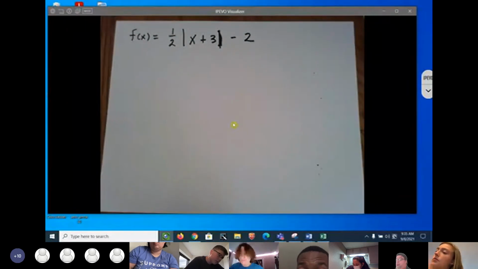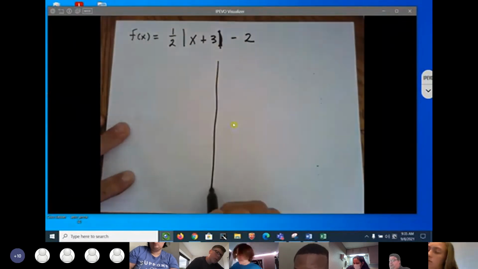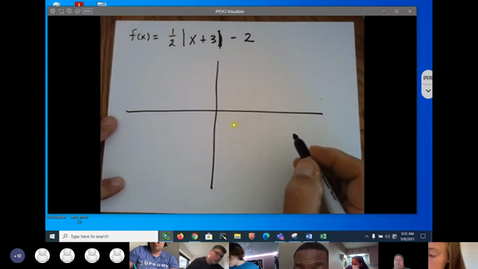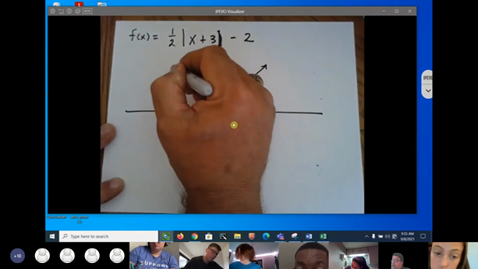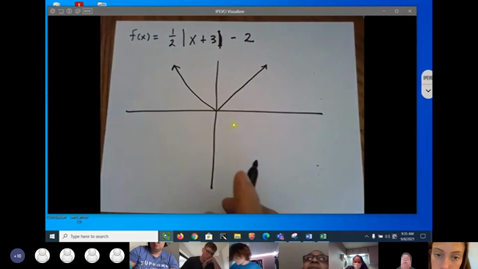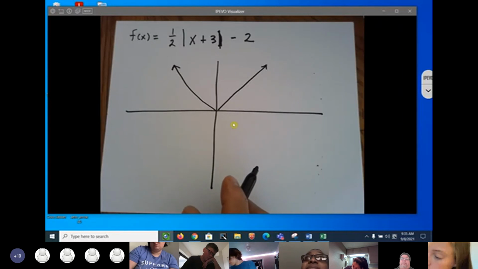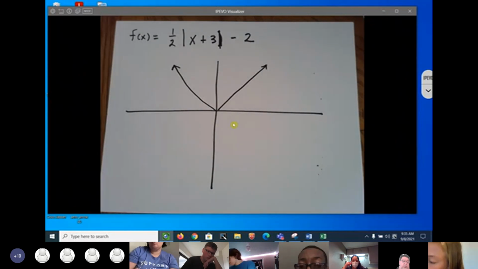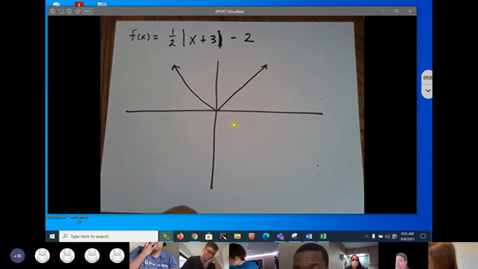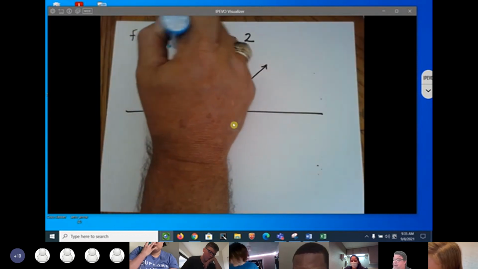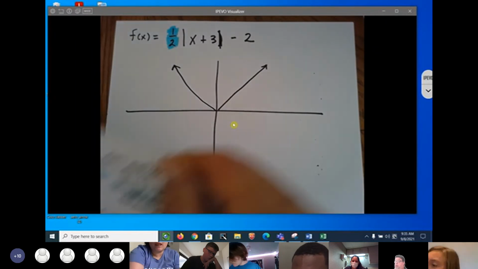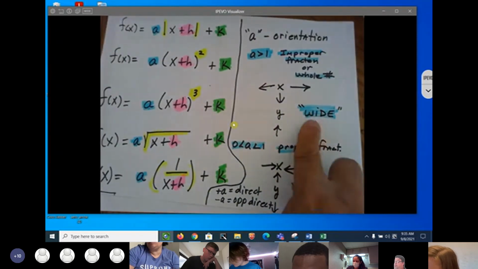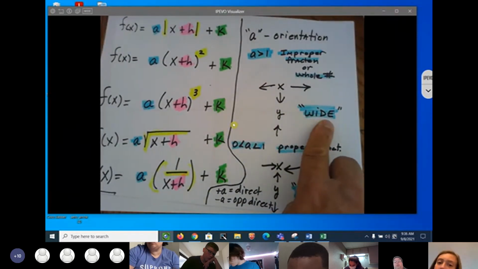So we automatically know absolute value starts with a V. So we know that the parent graph looks like that. So somebody tell me, the 1/2 tells us what? Is that a proper or an improper fraction? Proper. So proper tells us it's what? It's a stretch. It's going to be wide.